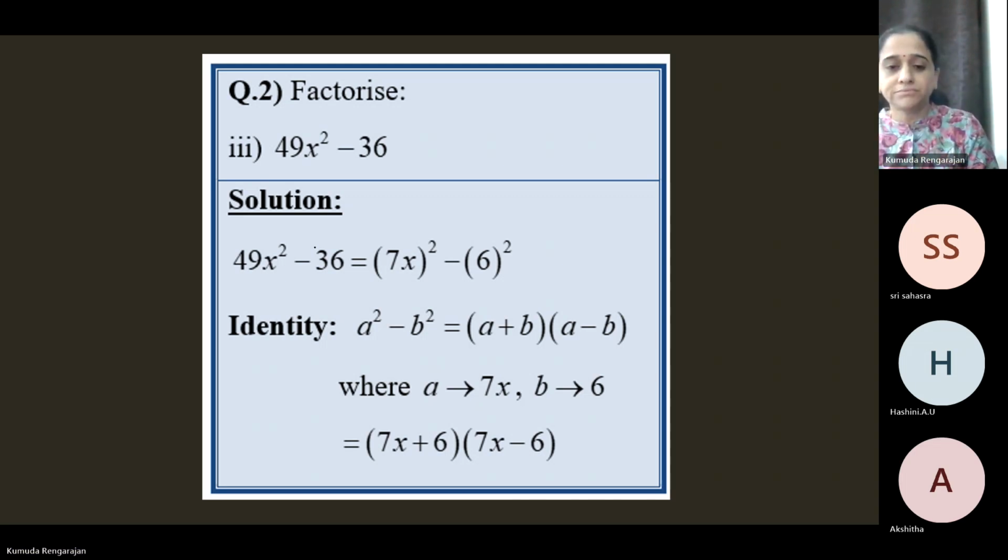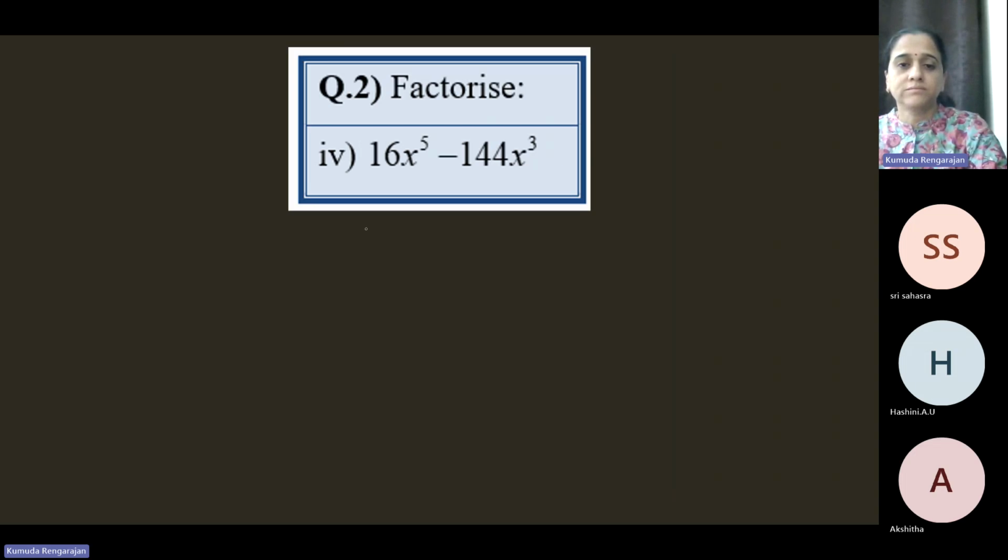Okay, the next one. Do this by yourself. The two terms have something in common. Take out the common factor and then apply the identity.